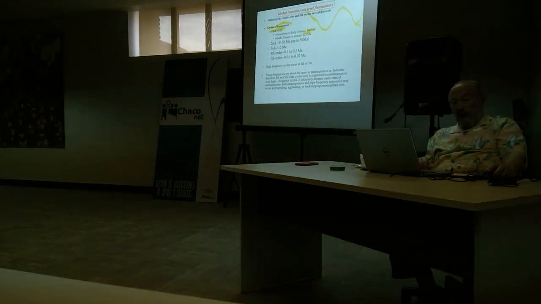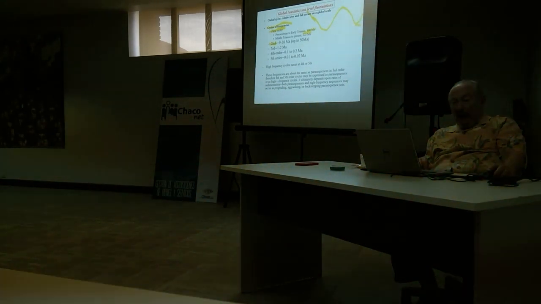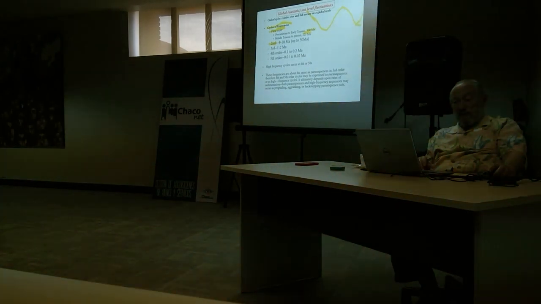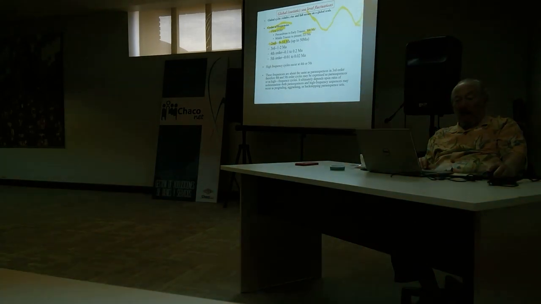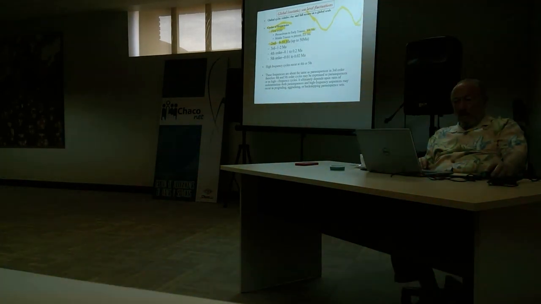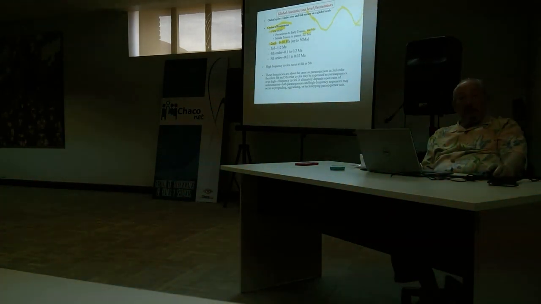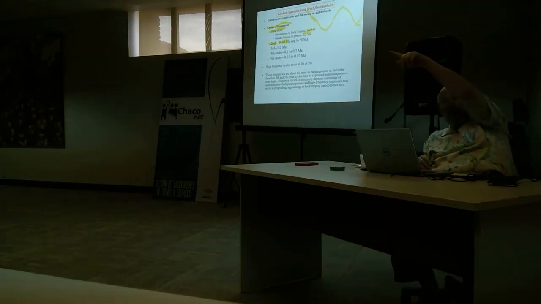The next cycle down is what we call the second order, and that generally has been worked out to represent a sea level cycle every 9 or 10 million years. So now we're going down from 300 million years to 9 to 10 million years for one of these cycles.